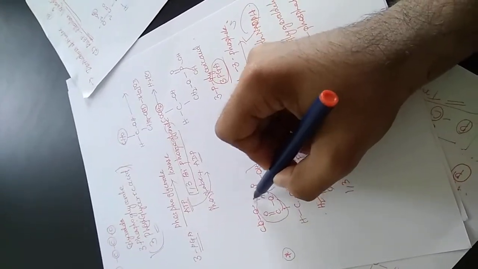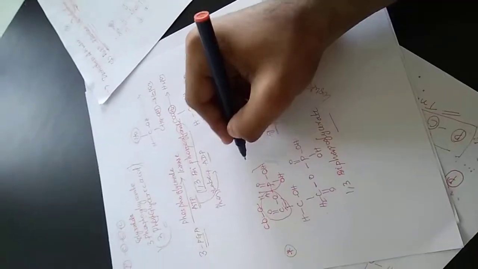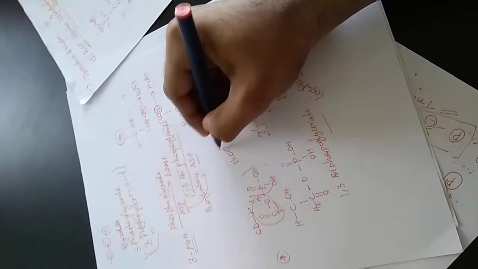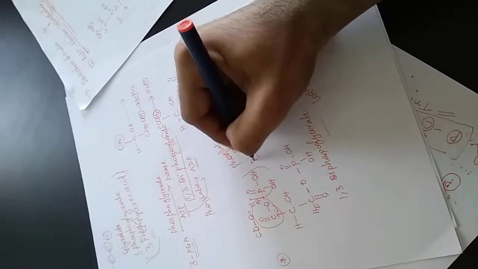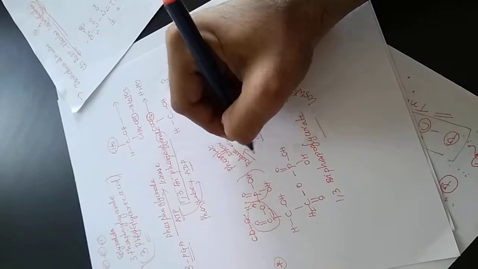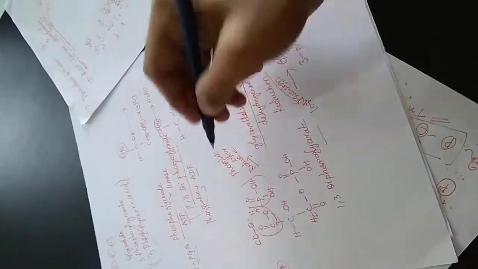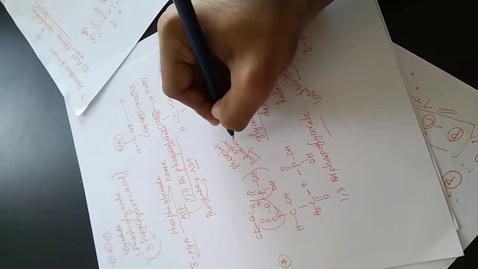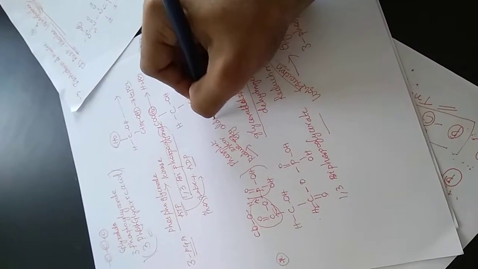If you place H, this is a carboxylic acid, but now this is a phosphate ester. We reduce this phosphate ester in the presence of NADPH and the enzyme glyceraldehyde 3-phosphate dehydrogenase, to form glyceraldehyde. So we're reducing a phosphate ester to an aldehyde.